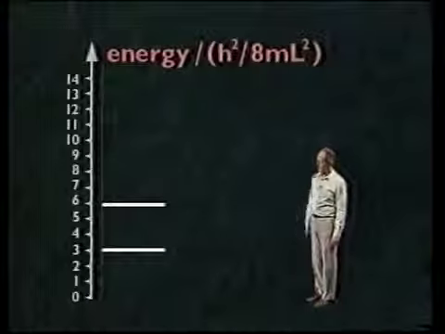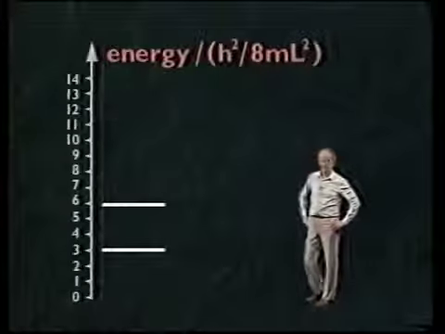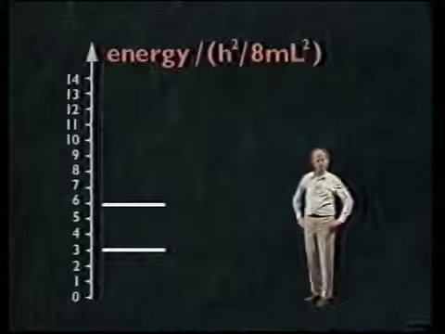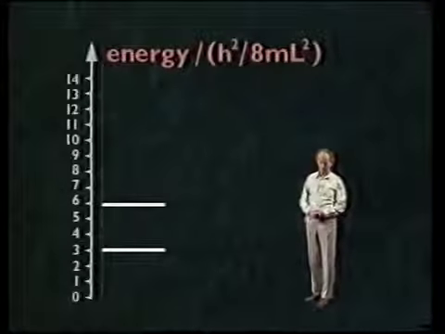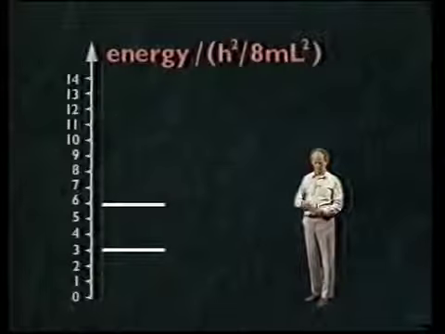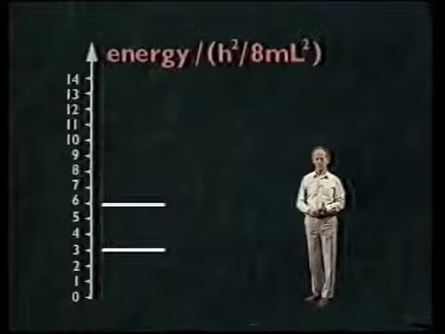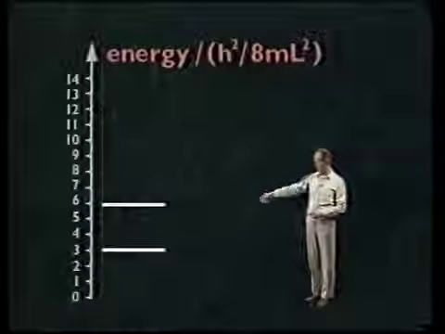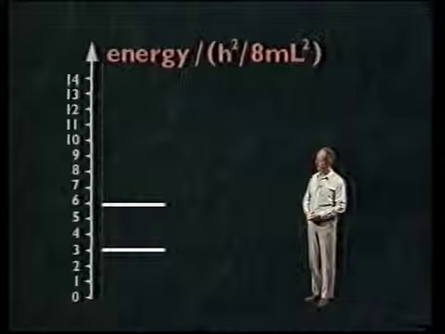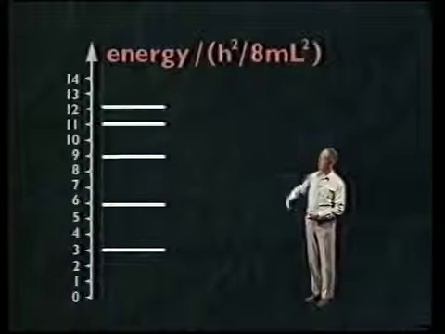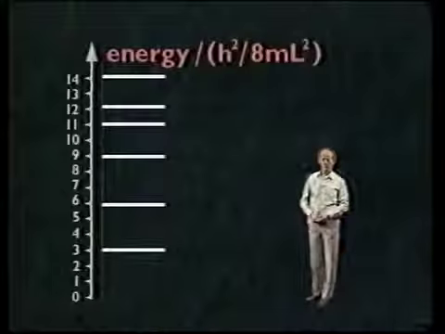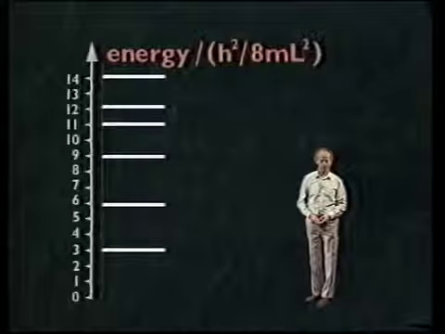The next one up corresponds to one of the n's taking the value 2, whilst the other 2 remain at 1. So in my expression, that gives me 2 squared plus 1 squared plus 1 squared, which is 4 plus 1 plus 1, which is 6, which is where I've got that level. And of course, you've got the other levels up there corresponding to the higher values of n.